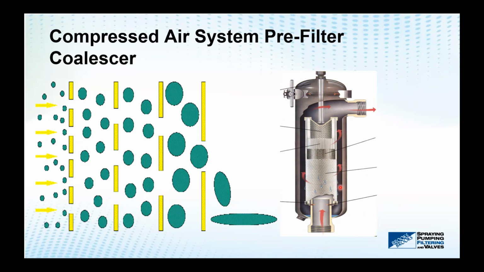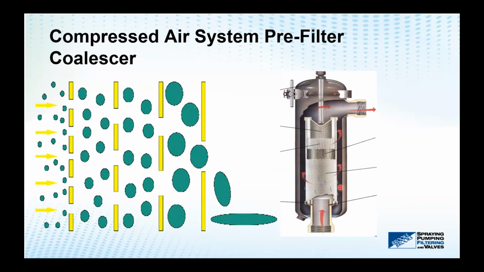Some coalescing filter cartridges are rated by micron size, and in fact it will stop particulate, but a micron rating is a particulate rating. This filter, if you don't have any particulate, will basically process this liquid forever.